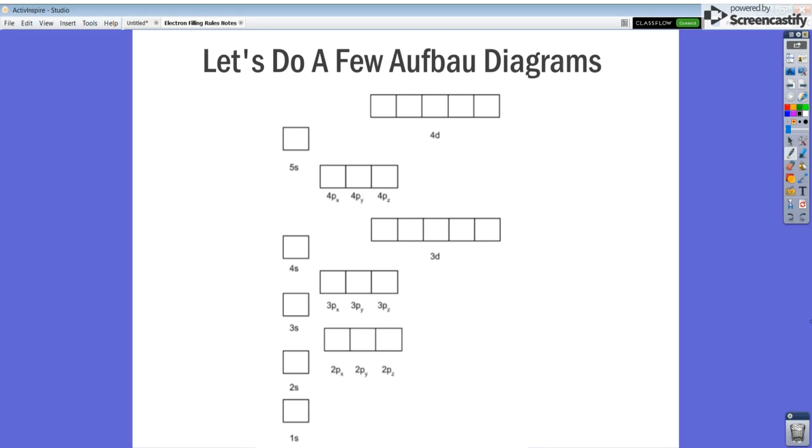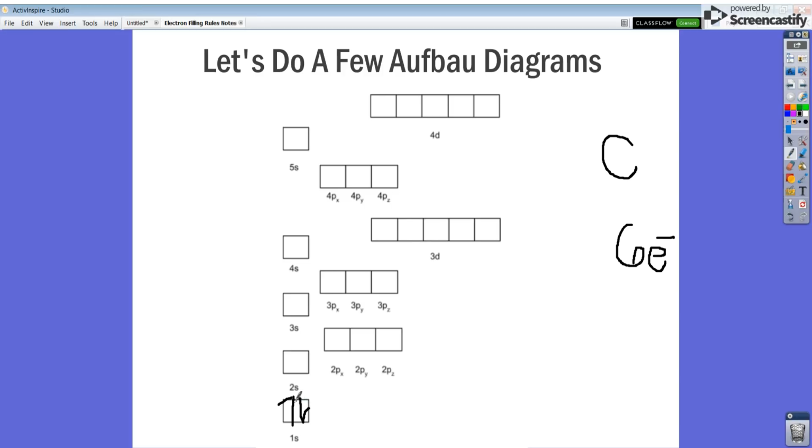So let's draw an Aufbau diagram for the element carbon. Carbon has atomic number 6, so it is going to have 6 electrons that we're going to try and fit into these atomic orbitals. How are they arranged? Well, the Aufbau principle says that I have to start at the 1s. 1, 2.